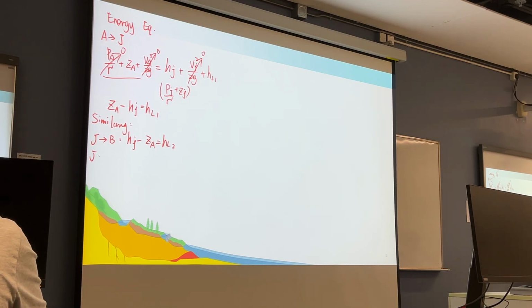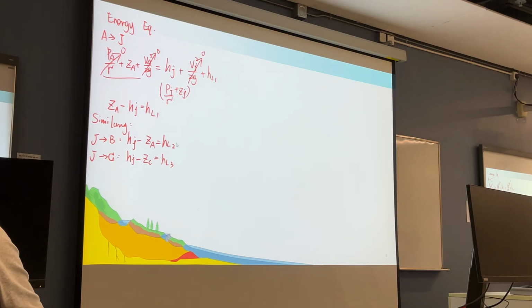Then J to reservoir C is Hj subtract ZC equal to HL3. That is three energy equations.